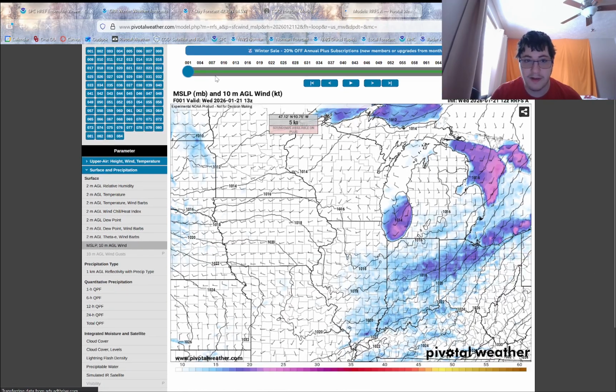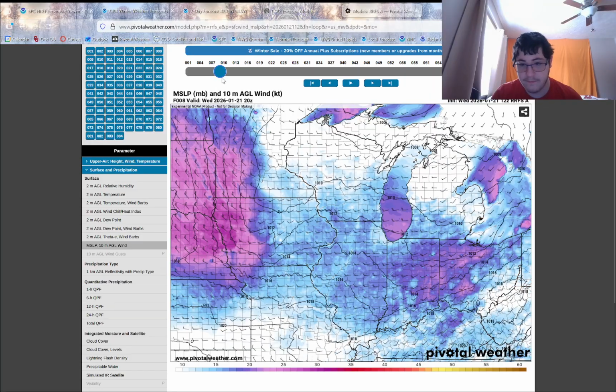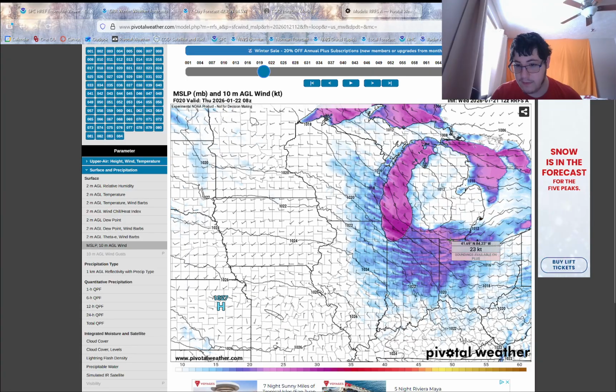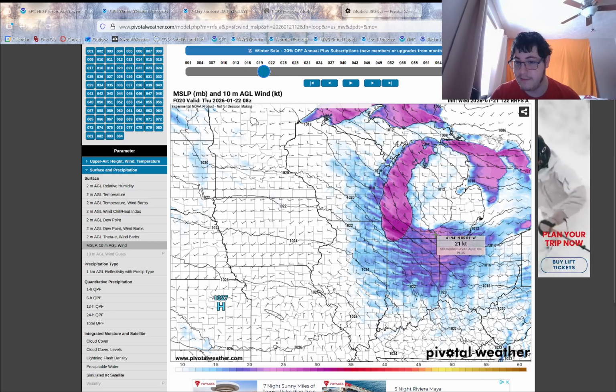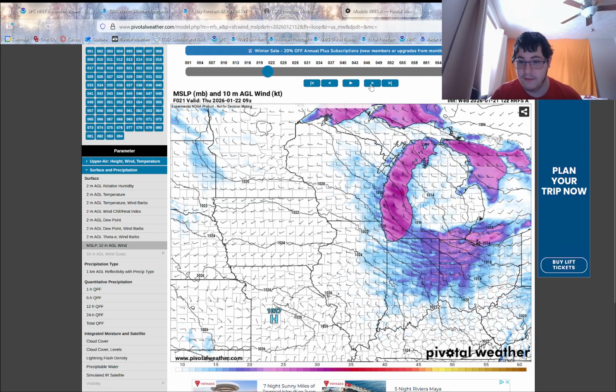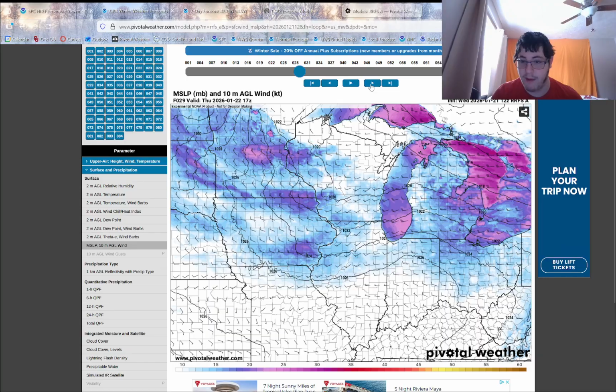And one last look here. This one is a little more aggressive. Well, not quite. The color table is slightly different. These look like pretty similar values. Maybe a little bit more aggressive on the wind here for that first little punch.